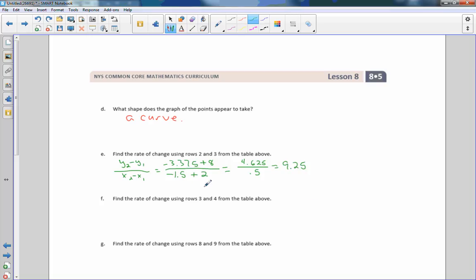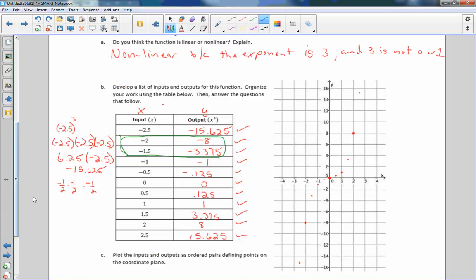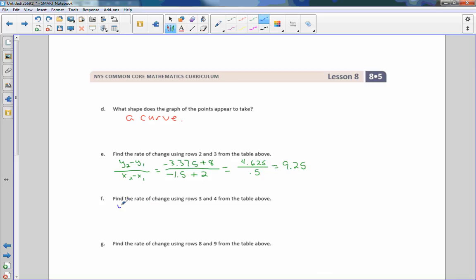Next question. Find the rate of change using rows 3 and 4. I'll switch to blue. Using rows 3 and 4 would be these numbers that I'm circling in blue. Negative 1 minus that negative 3.375, so it's y2 minus y1 over x2 minus x1. Write this every time, it helps with memorization.